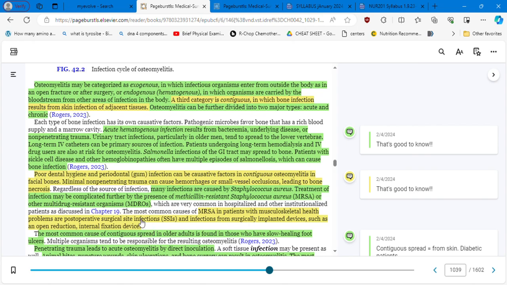So the most common cause of MRSA in patients with musculoskeletal health problems are post-operative surgical site infections, okay? And infections from surgical implanted devices such as an open reduction internal fixation device.